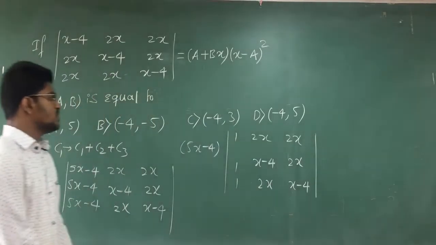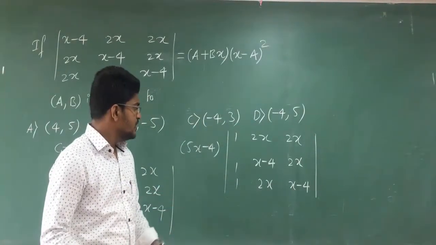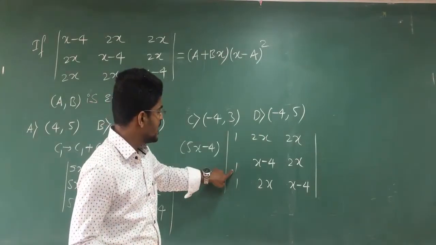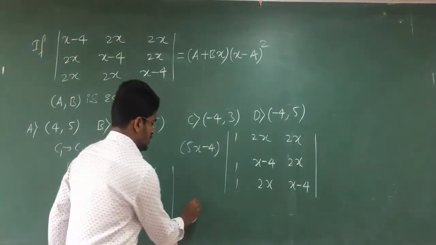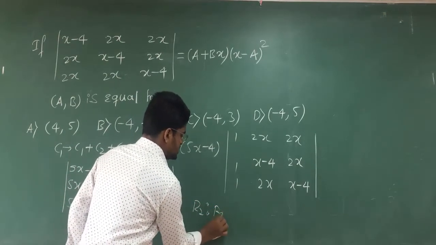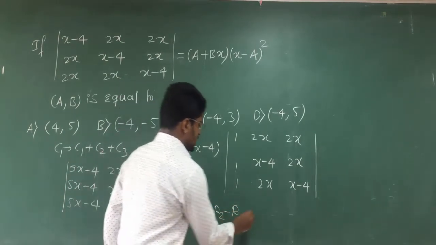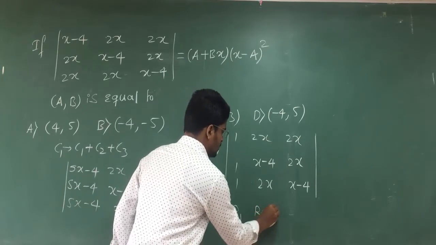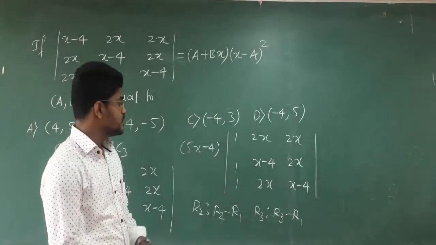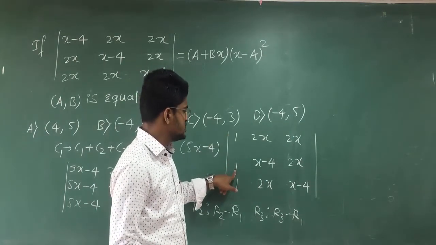Okay. So after getting this much, see, I have to make as many terms as 0. For that, I can take R2 minus R1. R2 changes to R2 minus R1, and I can change R3 to R3 minus R1, so that I can get more number of zeros. Here 1 minus 1, this term will be 0.